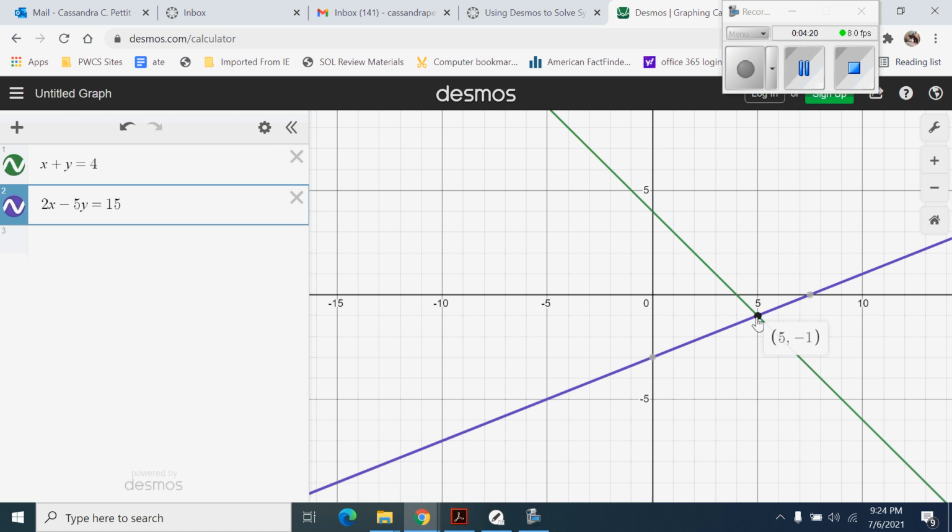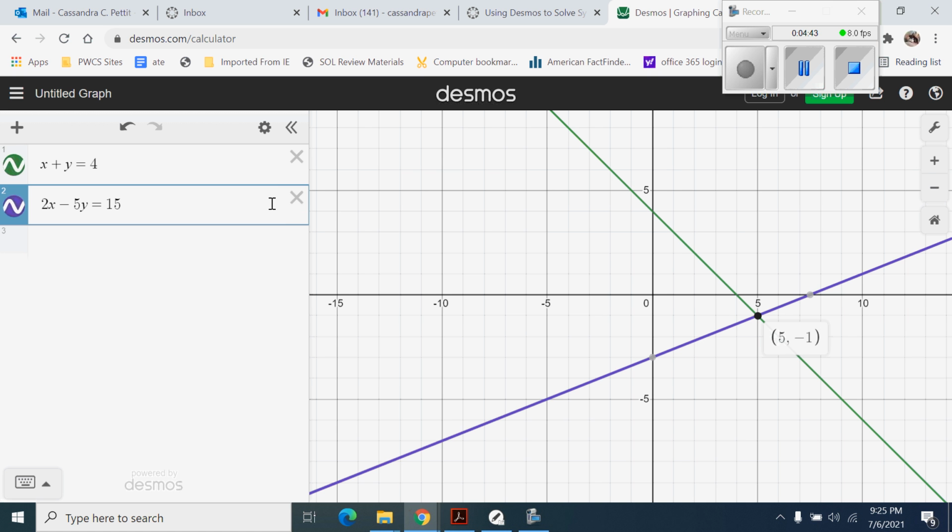And here is the point of intersection where the two lines intersect. So I didn't even have to put them in slope-intercept form in order to find the solution to the system of equations. So this is an excellent way to check your work, especially if you're solving by other methods.